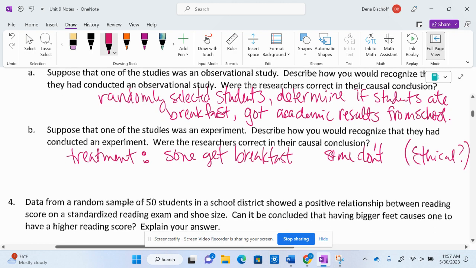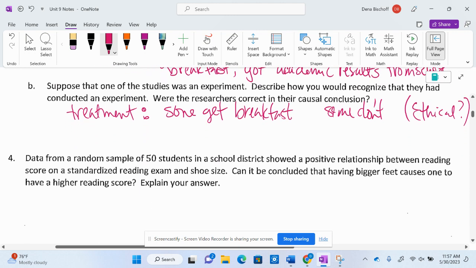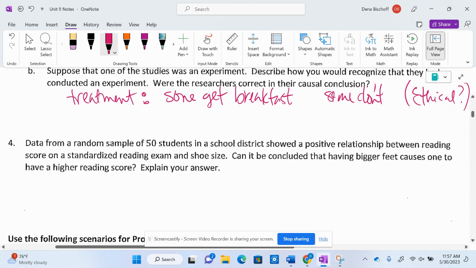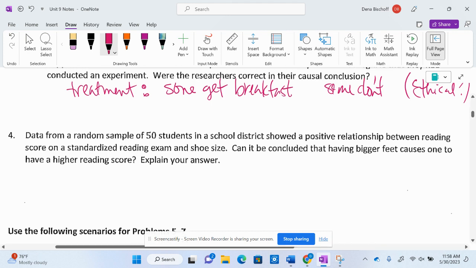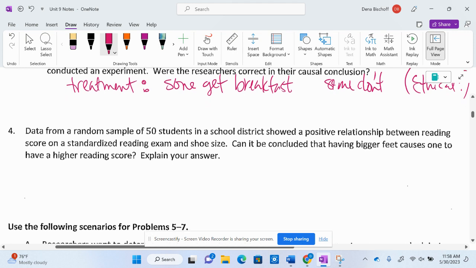Okay. Number 4, data from a random sample of 50 students in a school district showed a positive relationship between reading scores on standardized reading exams and shoe size. So, can it be concluded that having bigger feet causes one to have a higher reading score? Okay.